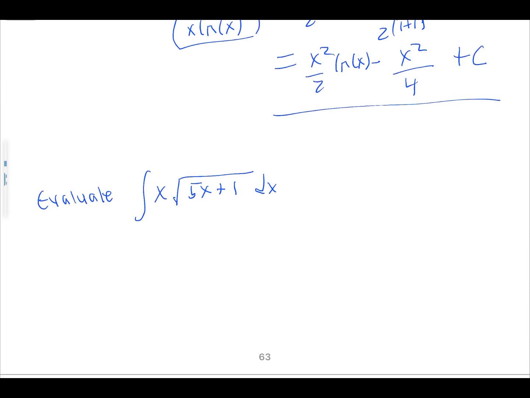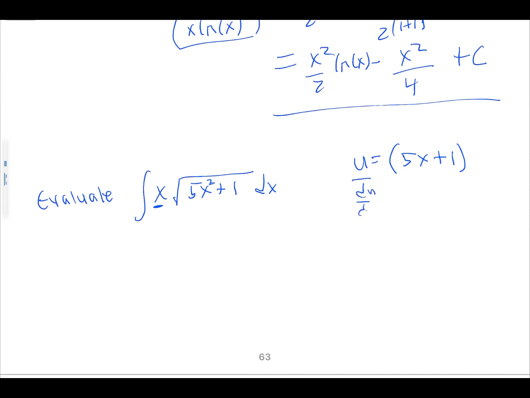As soon as someone sees this question, the person may start off, oh, I'll use substitution. When you use substitution and say that u should be equal to 5x plus 1, at the end of the day, you will not be able to eliminate this x here.